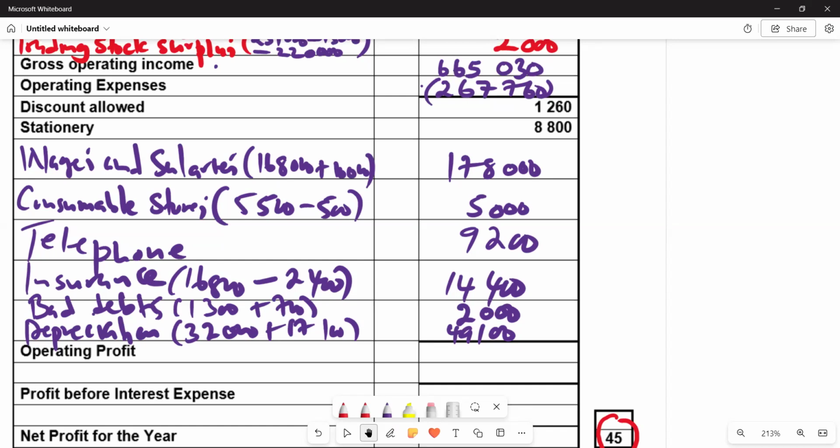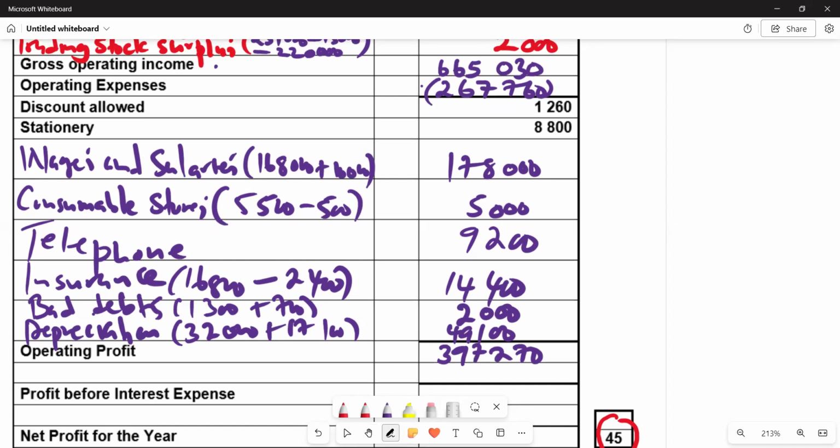And then we are going to get 397,270. So this is going to be your operating profit as described here.